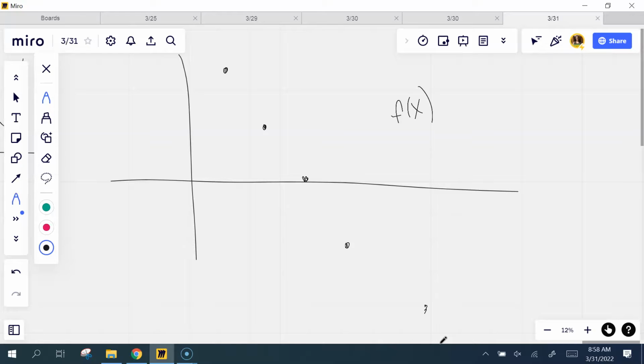Could the first derivative be decreasing? So for the first derivative to be decreasing, what does that mean? I'm talking about is the slope getting steeper or not? I'm talking about the steepness of the slope there.